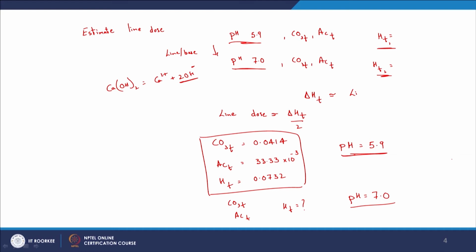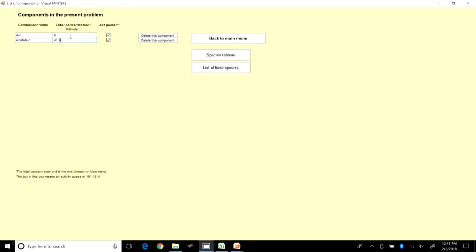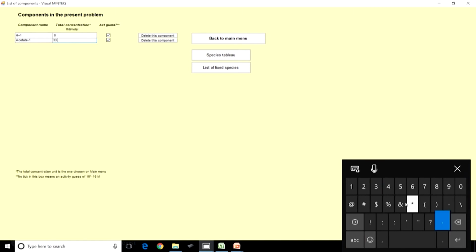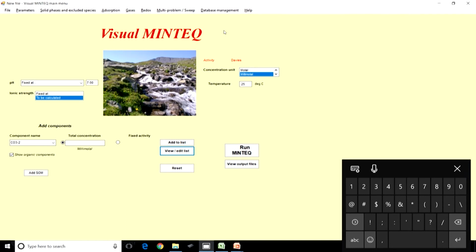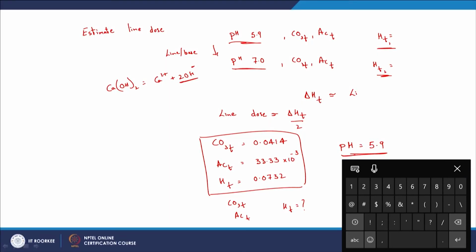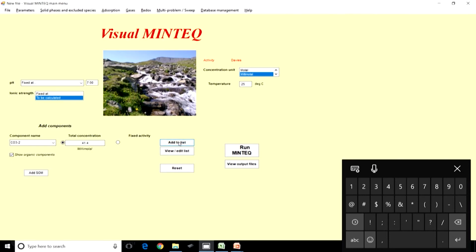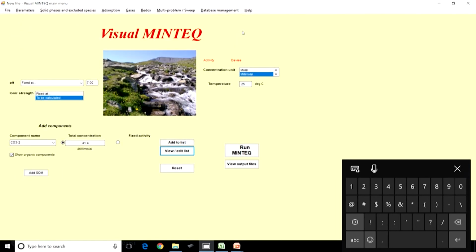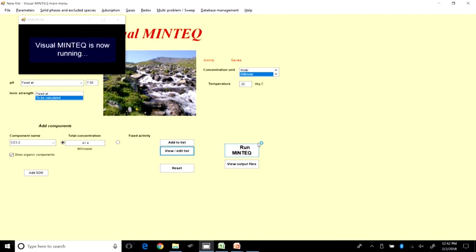So, I am going to plug that in here. And then CO3 total, and that I think is 41.4 millimolal, and let us just check that too, 41.4 millimolal, we are on the right track. So, I am going to add that to the list, 41.4 CO3 2 minus, acetate total is 33.33, back to main menu, pH 7 is fixed, and so I am going to run Vminteq.